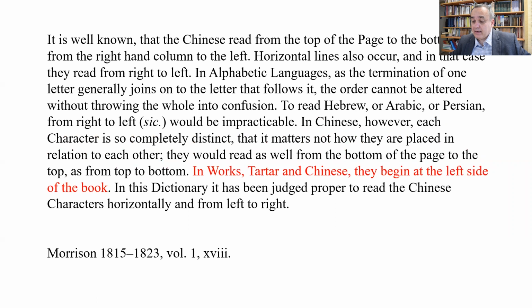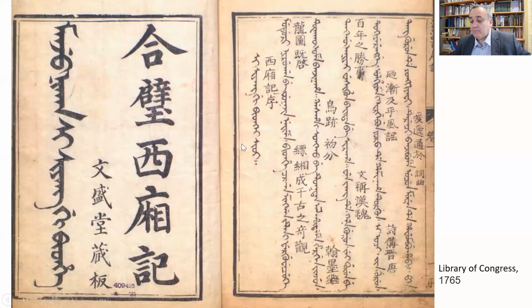Now, the second idea here that's actually quite interesting is that he says, basically, that in texts that are written in Tartar and Chinese, so in Manchu and Chinese, they begin at the left side of the book. And here he's referring to these bilingual Manchu and Chinese editions where the Chinese text basically follows the Manchu. So the Manchu is written from left to right, but in vertical columns.